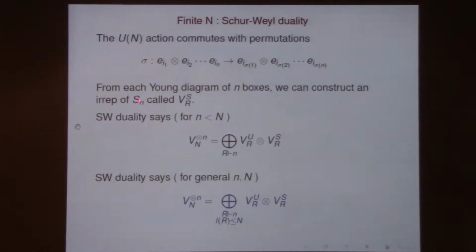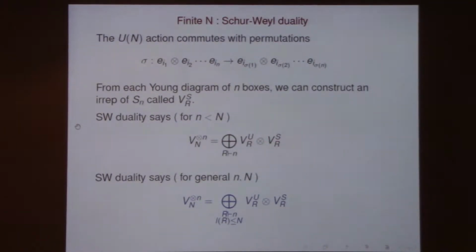So one consequence of that is that when I decompose the n-fold tensor power of the fundamental, I get, of course, unitary representations of different symmetry types, but the multiplicity of that is directly controlled by the dimension of a symmetric group representation.